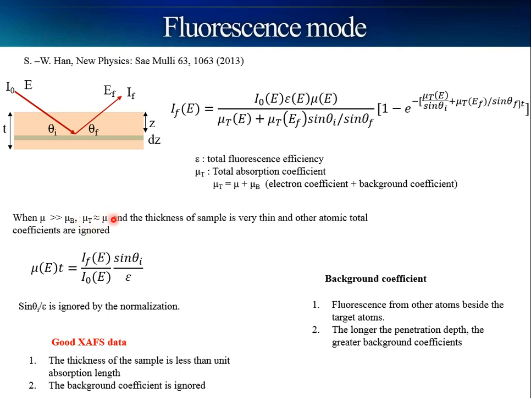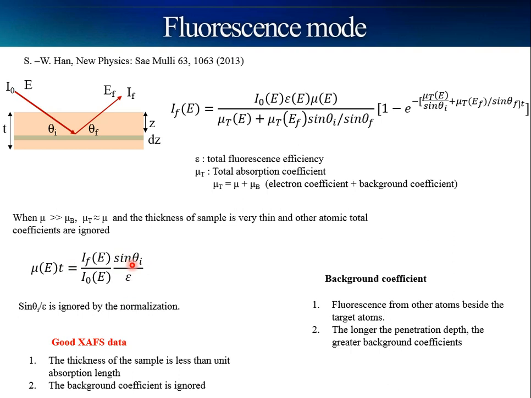And when the thickness of the sample is very thin, the atomic total coefficients are ignored. We can get the total absorption equal to these equations. From the normalization, we can cancel this factor.